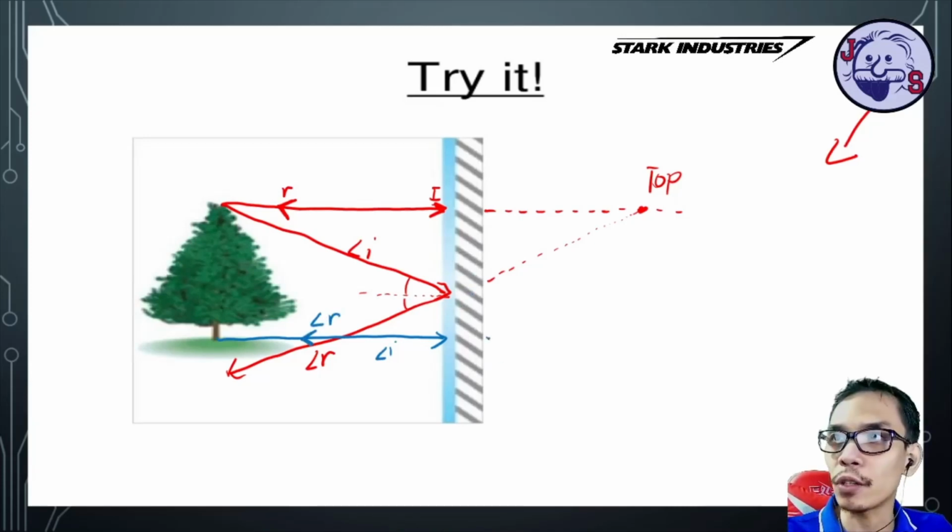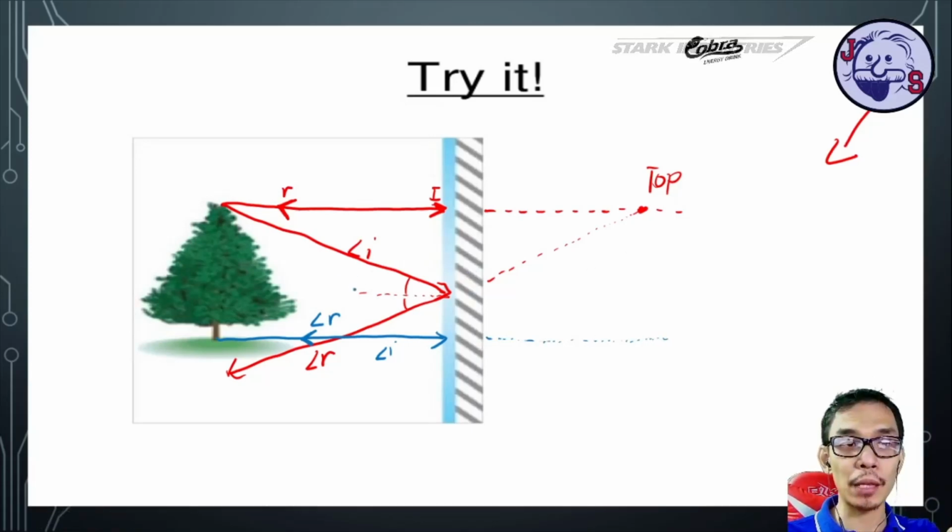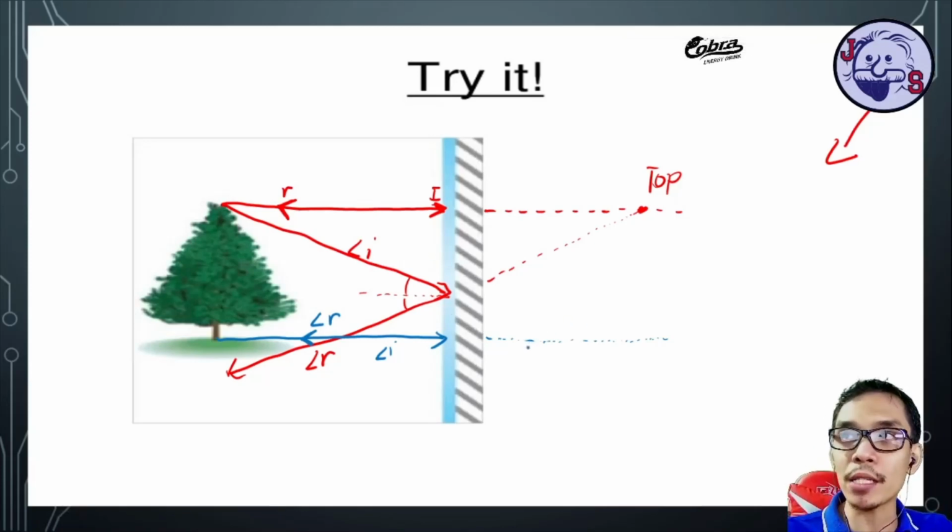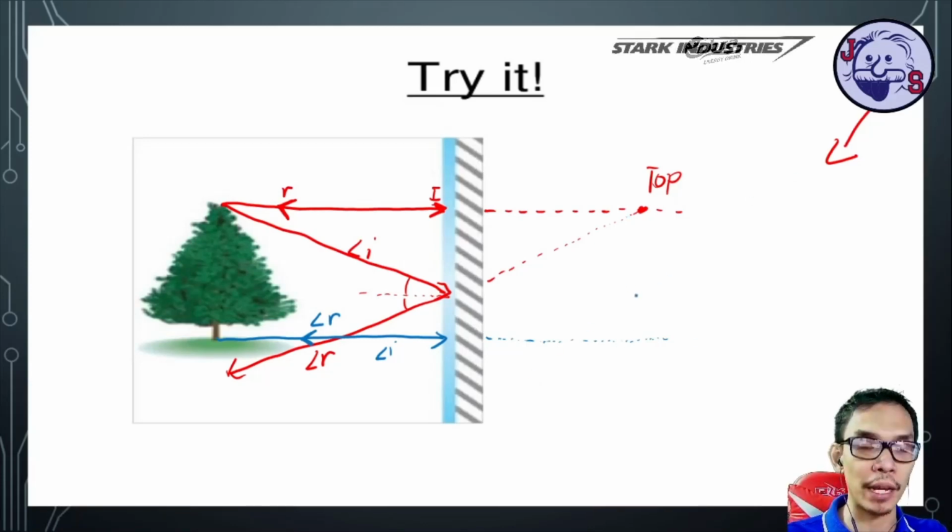I can continue the line on the other side using a broken line. Guys, again, I repeat, these broken lines are the continuation of the reflected rays.